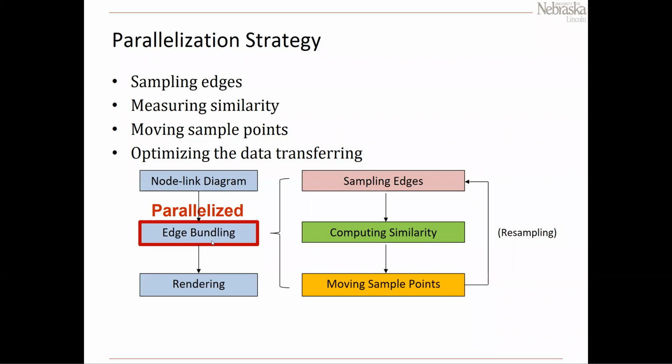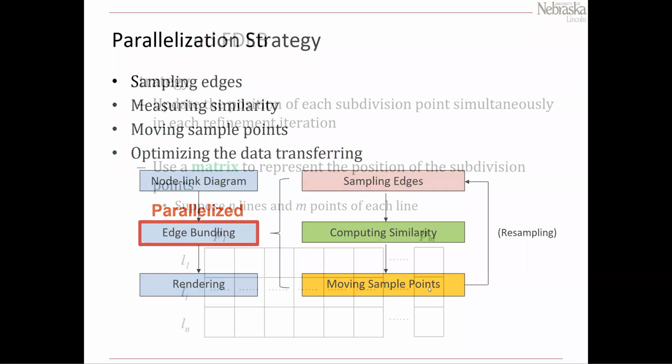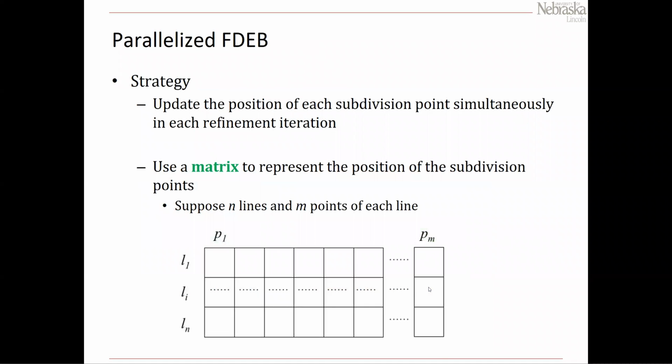The basic idea of this algorithm is using multiple threads to parallelize the edge bundling process. We assign each thread to do the sampling of edges, computing similarity, and moving the sampling point to the new position. We use a matrix to represent the position of the subdivision points. Here assume we have n lines and m points on each line.